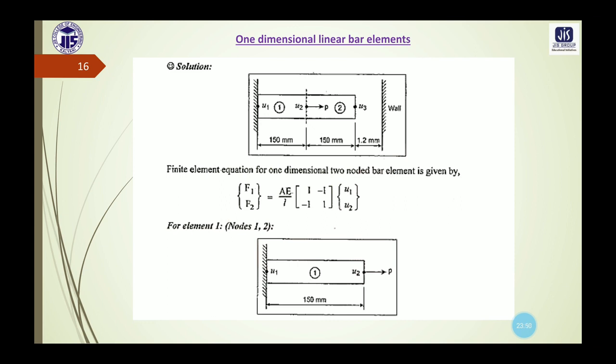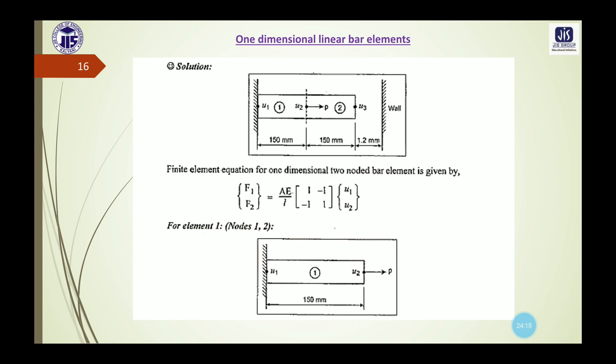So first we need to use the finite element equation for the one-dimensional two-noded bar element. And the formula of the finite element equation is the column matrix of F1, F2 equals AE by L multiplied by a symmetric matrix, which is multiplied by the column matrix of U1, U2. So this is the formula of the finite element equation.